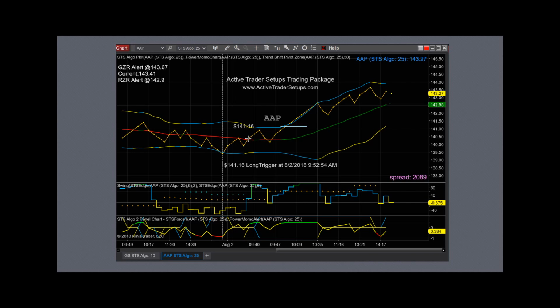Right here, early in the morning, we got this area right here where we caught the upward movement on this little move up right in here, up on the chart here.